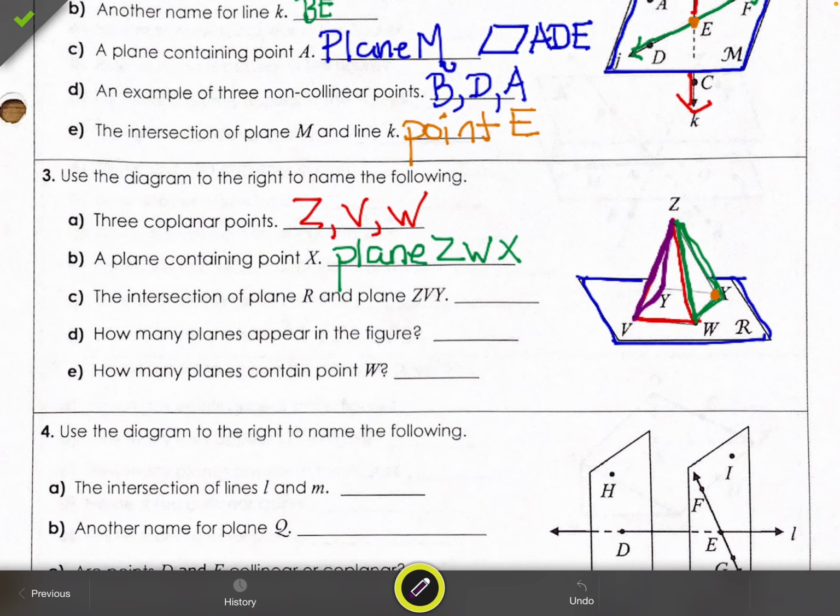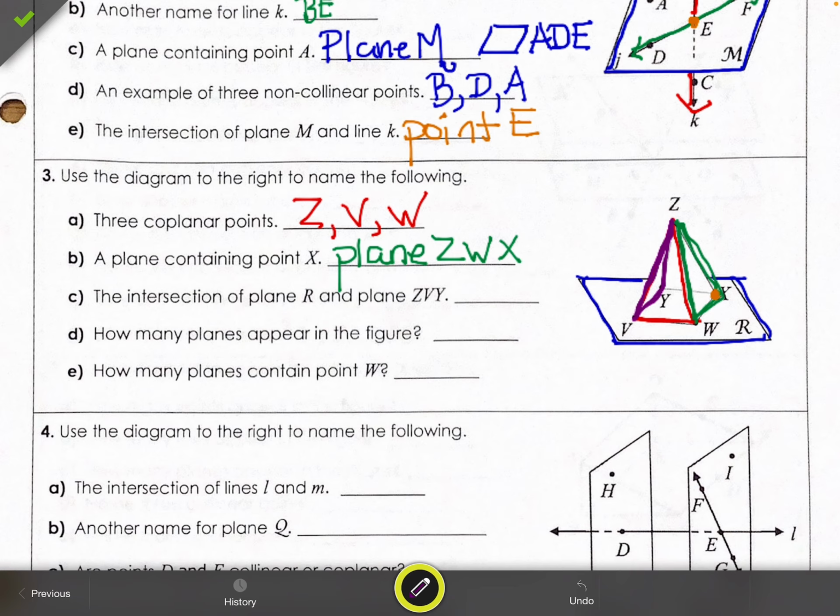So they want to know the intersection. Again, where do they meet? Where do they touch? Where do they cross? If you go back to your notes at the very bottom, there was a little note that said when you have two planes that intersect, it forms a line. So what you're looking for is what they have in common.